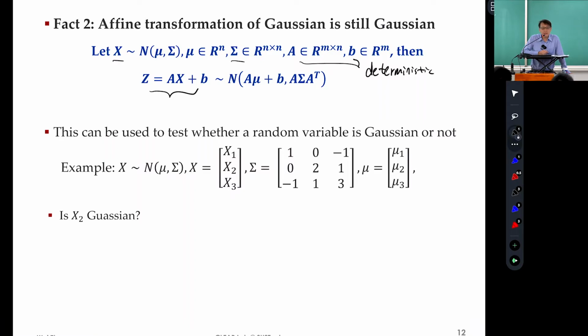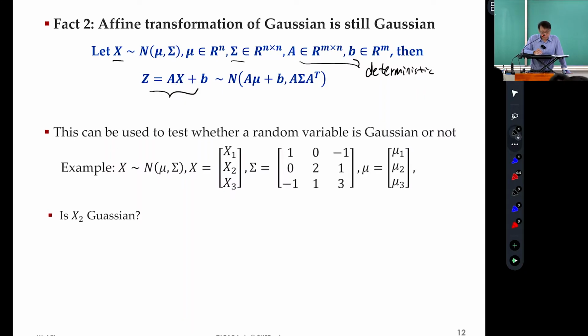Do you know what affine is? 仿射. If I don't have this b, then that's linear. If I have this b, in a more rigorous way we call it affine, but you can also loosely call it linear as well. It's a linear or affine function of x.